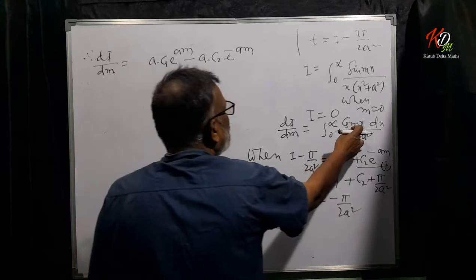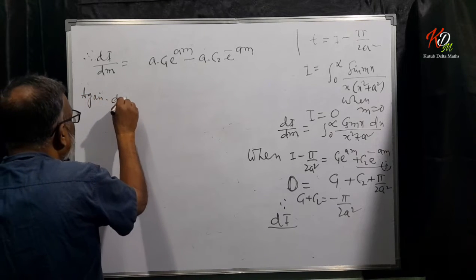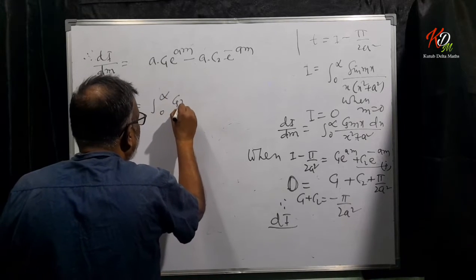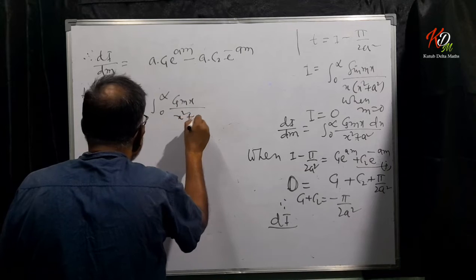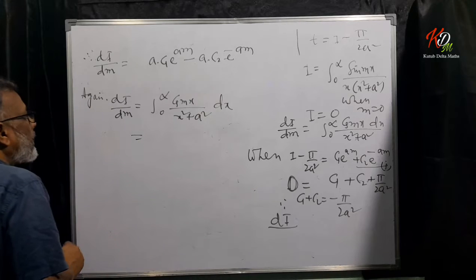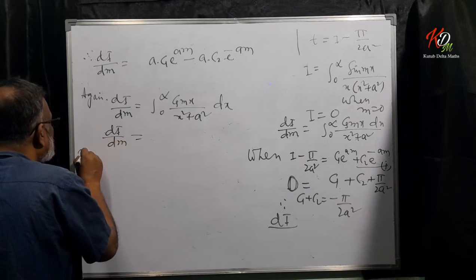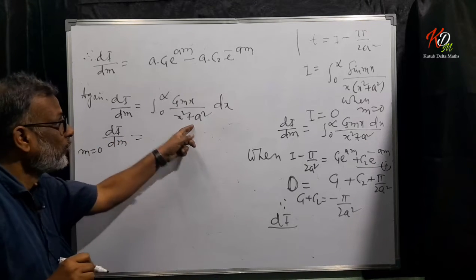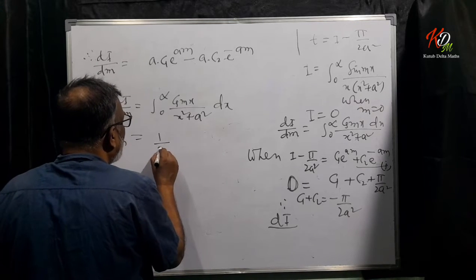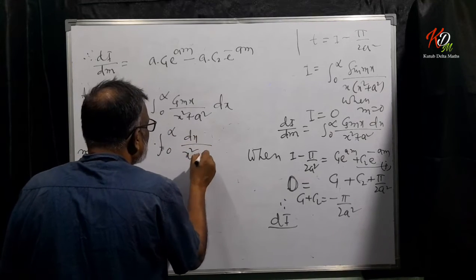When m equals 0, again putting, dI/dm equals 0 to infinite cos mx by x square plus a square dx, which is the integration 0 to infinite dx by x square plus a square.